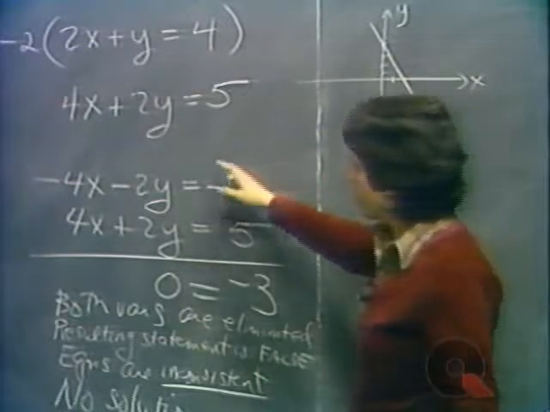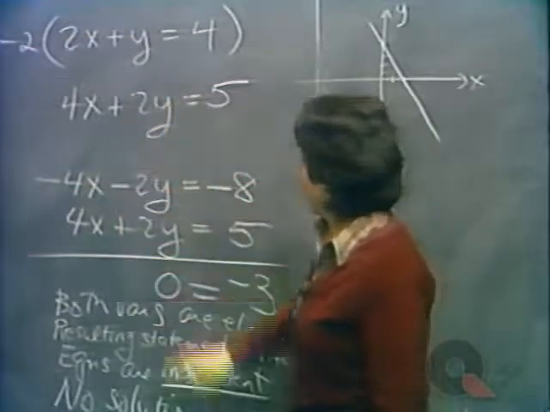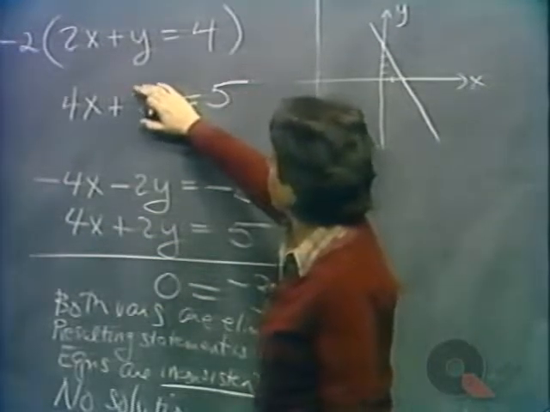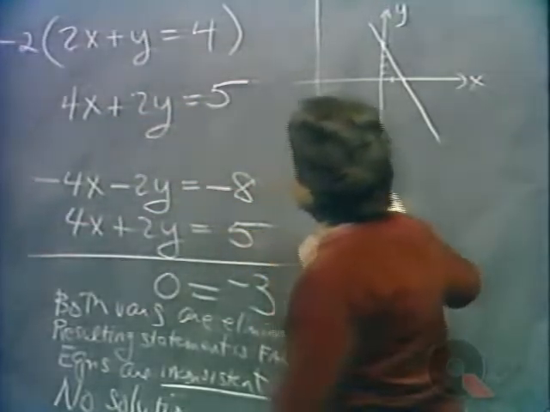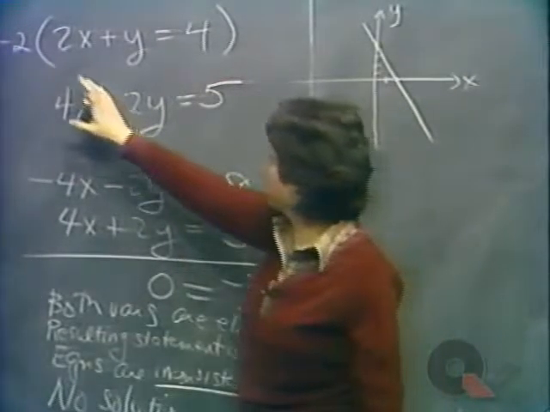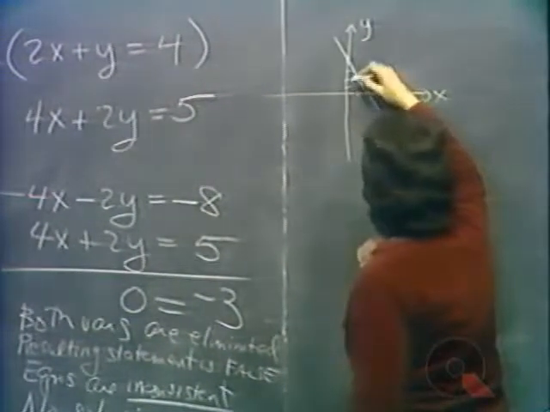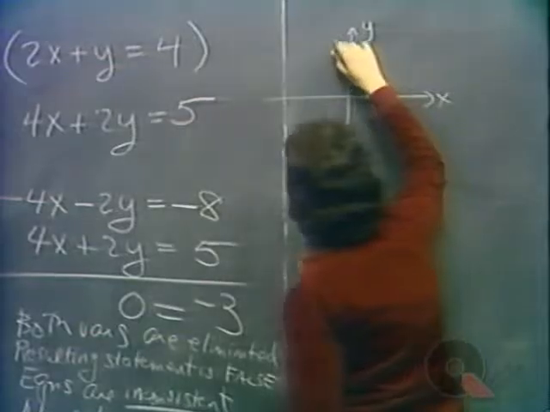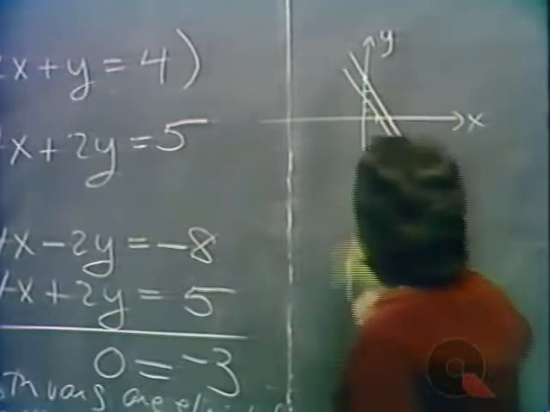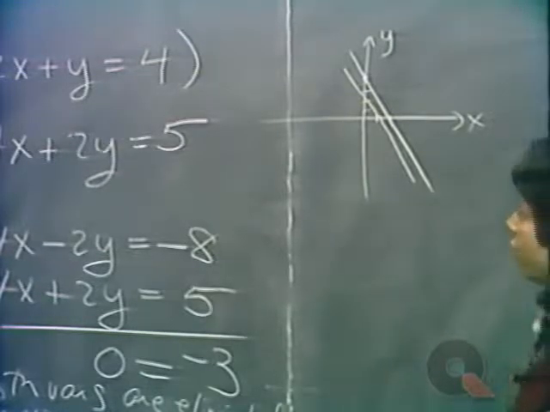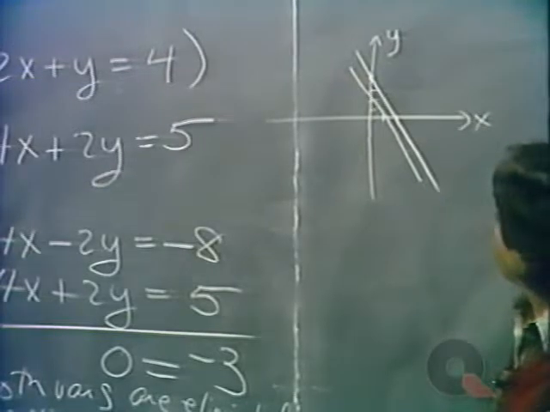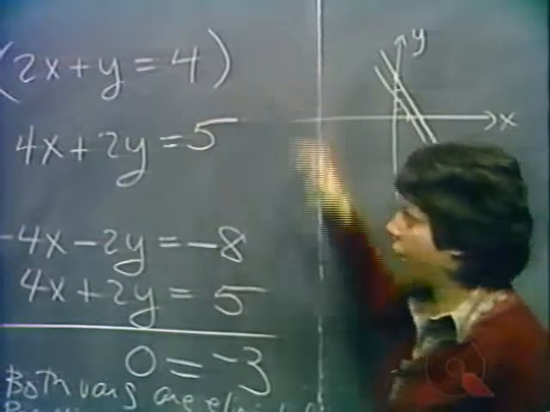The bottom one, when y is 0, x is equal to 1 1/4. When x is 0, y is equal to 2 1/2. This line looks like this. It is parallel to the other line. The lines do not intersect. There are no solutions to the system of equations.